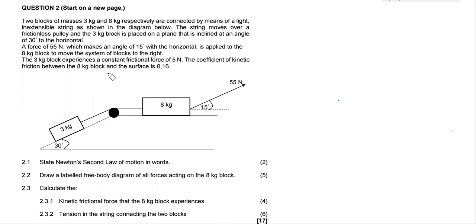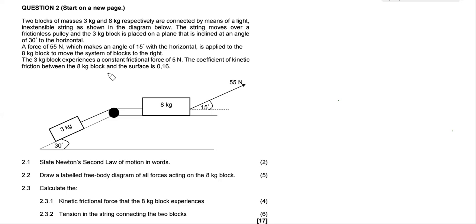A force of 55 Newton, which makes an angle of 15 degrees with the horizontal, is applied to the 8 kg block to move the system to the right. The 3 kg block experiences a constant frictional force of 5 Newton. The coefficient of kinetic friction between the 8 kg block and the surface is 0.16.